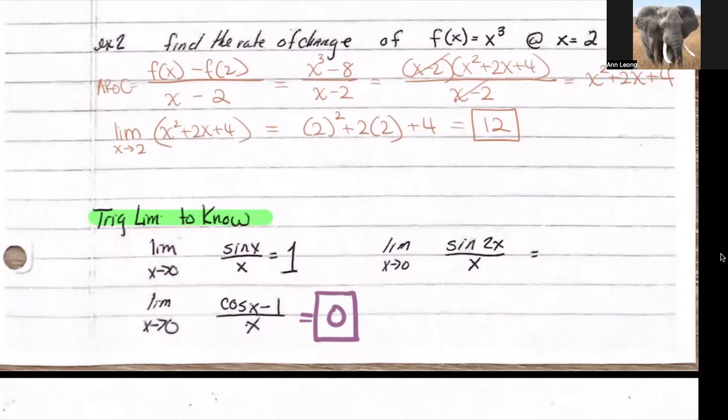And then this one, the limit of sine of 2x over x as x approaches 0, is going to approach the number 2. I think some problems in the textbook demonstrate that, so if you want to look into that a little deeper, there are some problems in the textbook that you saw in the lesson.